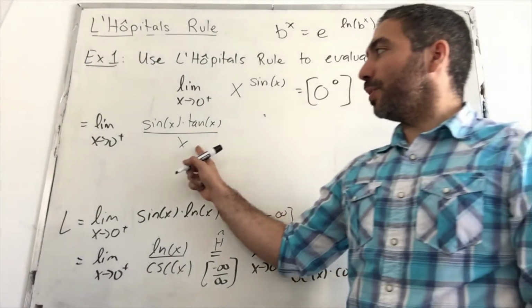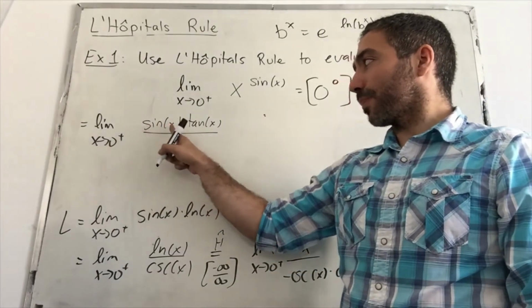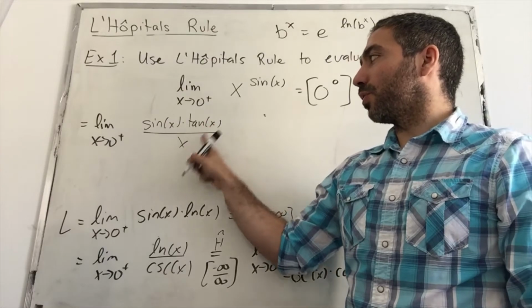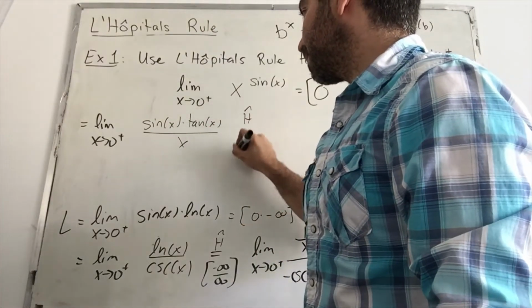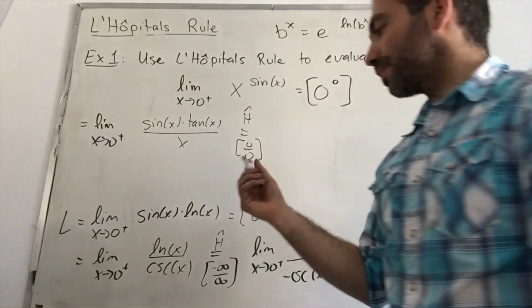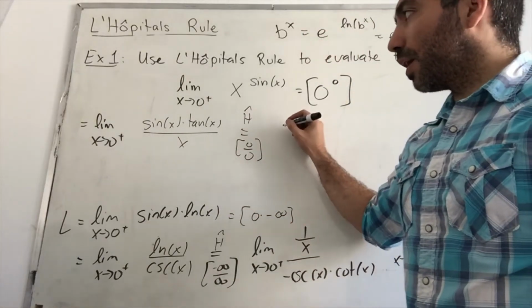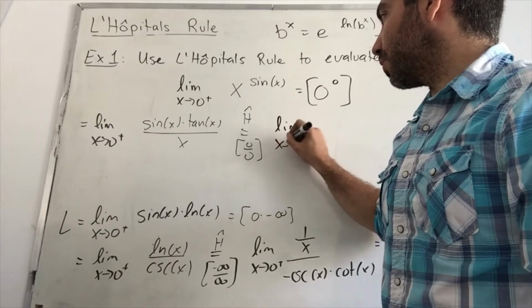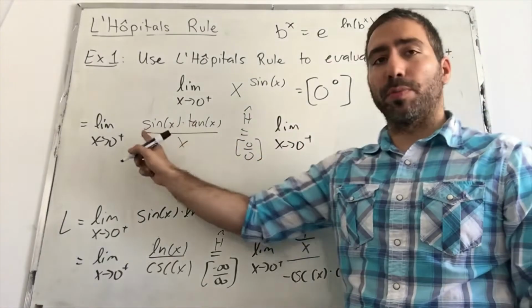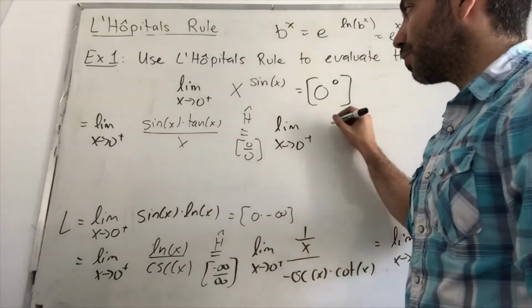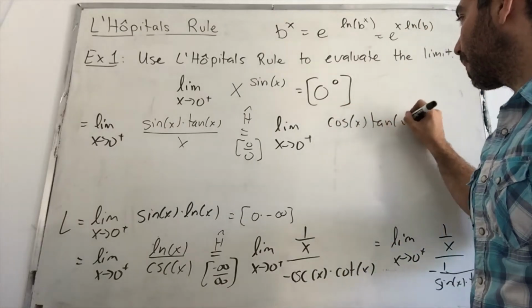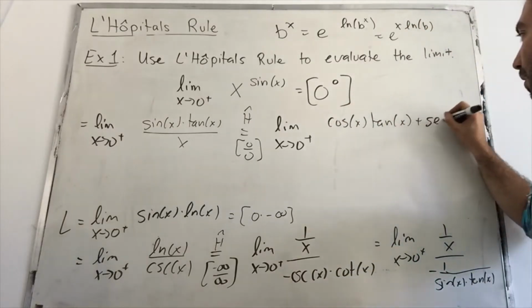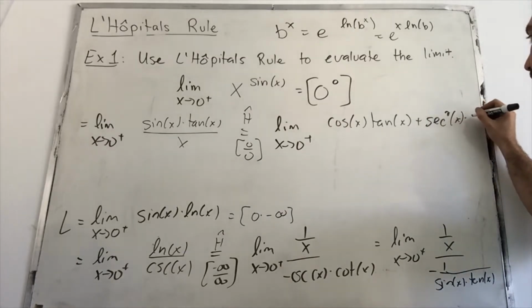And now from this, we take the derivative. If we substitute 0, we get 0 over 0. So we could apply L'Hopital's rule again. And we get the limit as x goes to 0 from the positive side. Here we have a multiplication, so we apply product rule. So the derivative of sine is cos. Leave the tan, plus the derivative of tan is secant squared, and leave the sine.